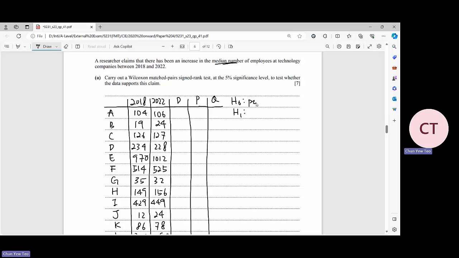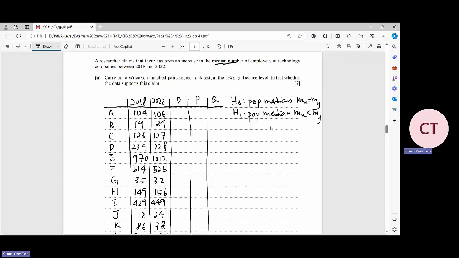The population median for 2018 is equal to 2022, no difference, versus the population median for 2018 is less than 2022. This is what I decide.